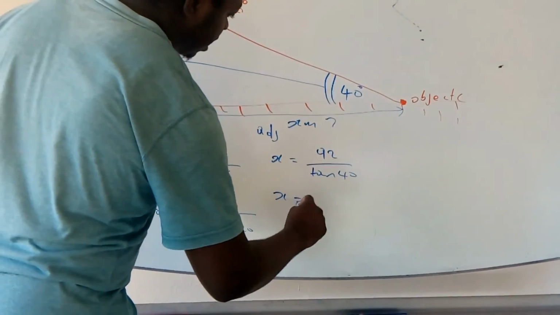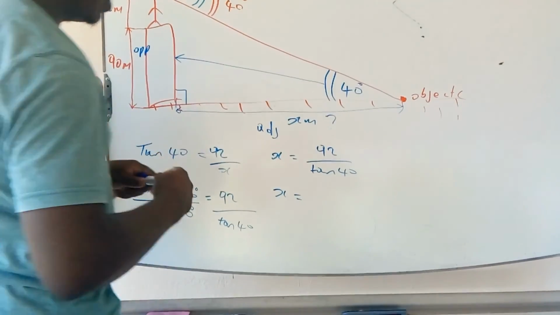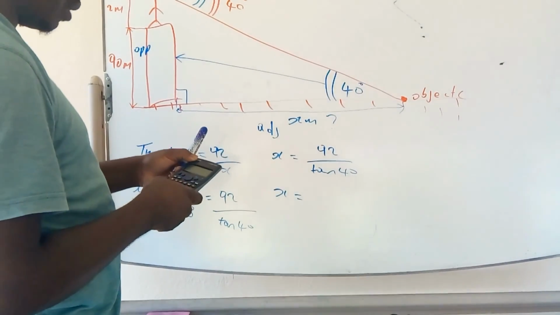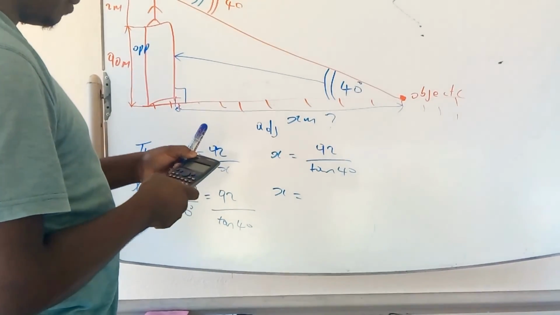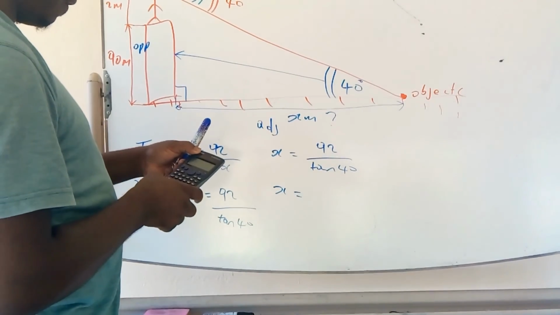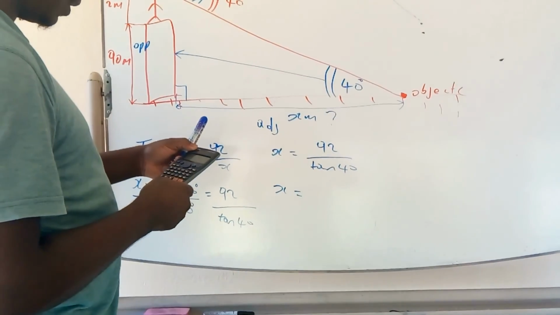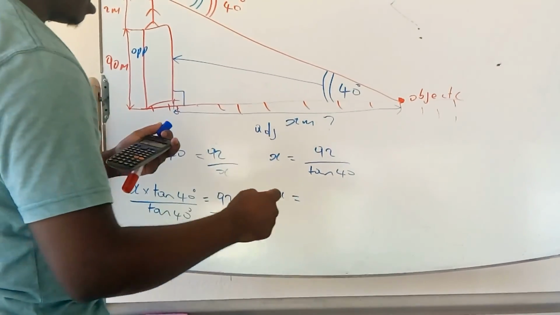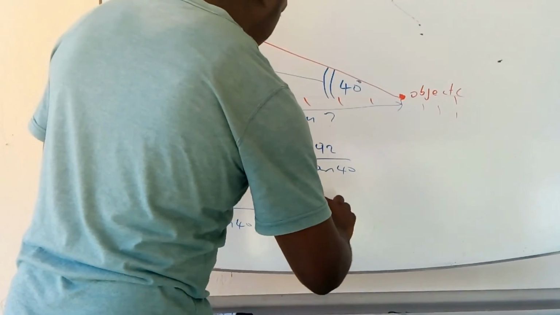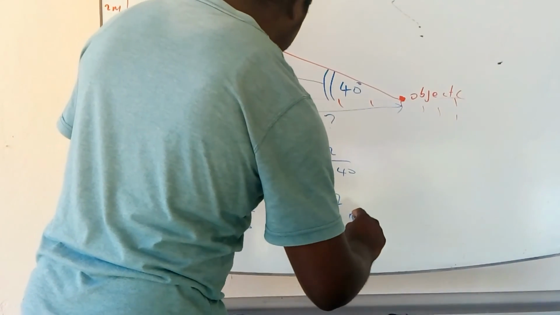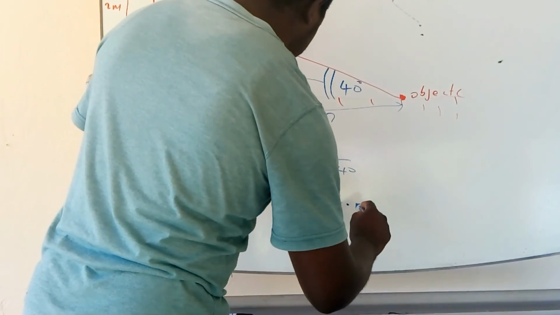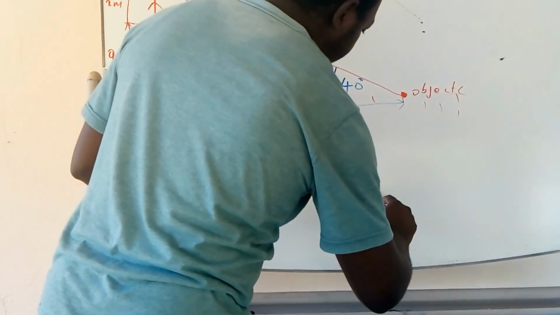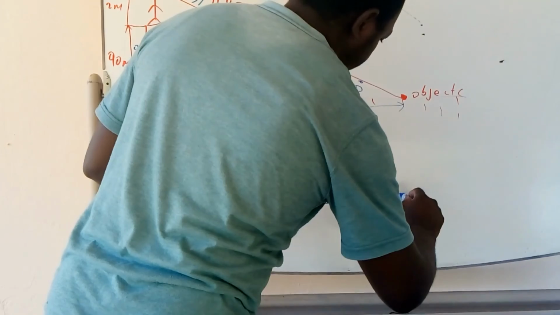So x, which is the distance from here to here, put that on a calculator. Select your fraction bar, and that's 92 divided by tangent of 40 degrees, and that gives us a distance of approximately 107.3 meters, carried to one decimal place.